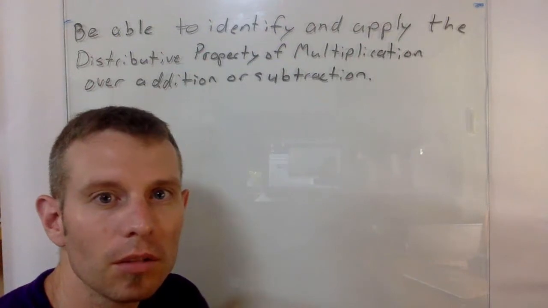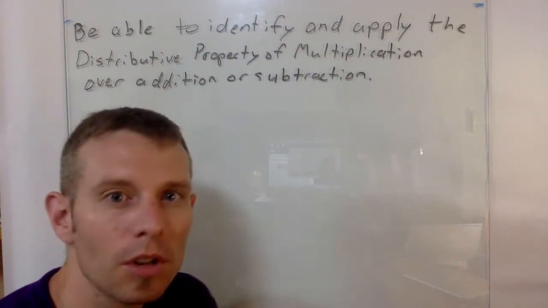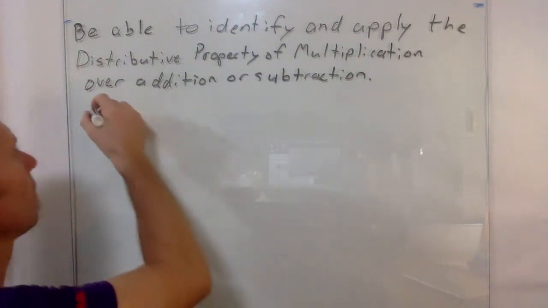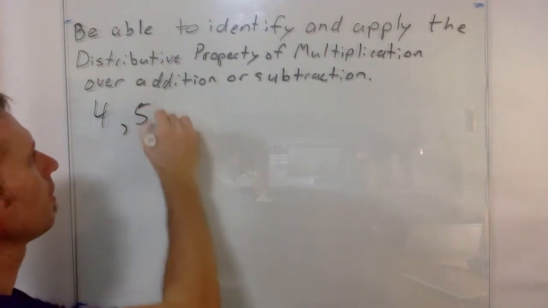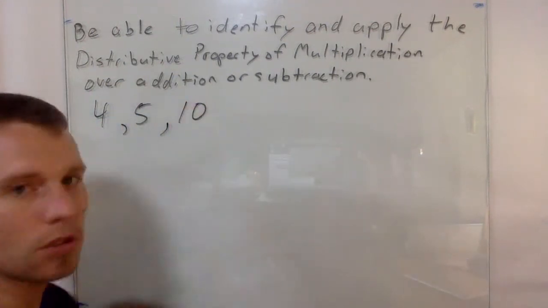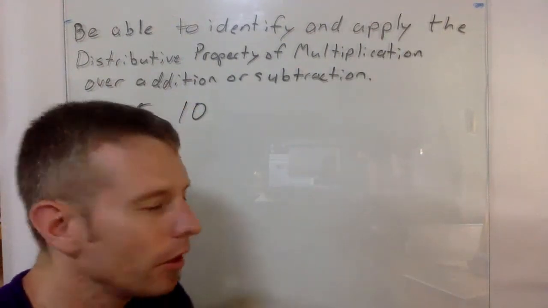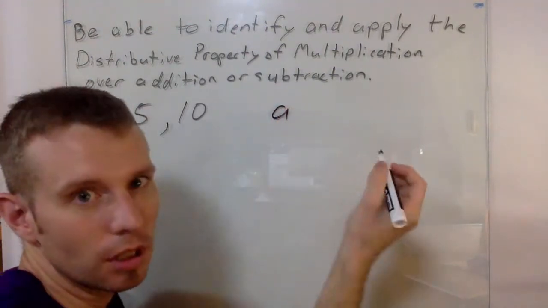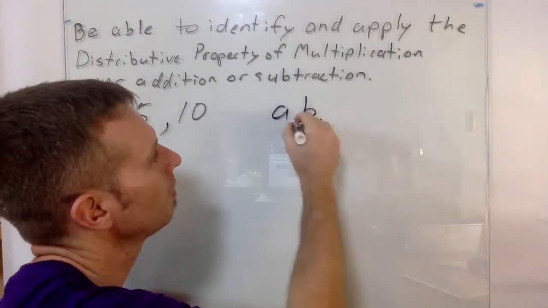And so, first off, we have what's called constants. Those are just regular numbers. We also have variables. Those would be almost any letter we can use as a variable.